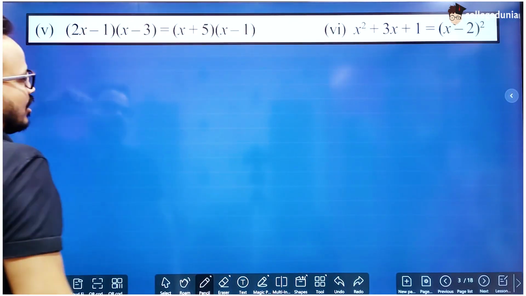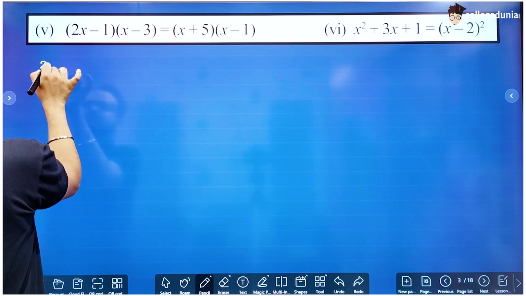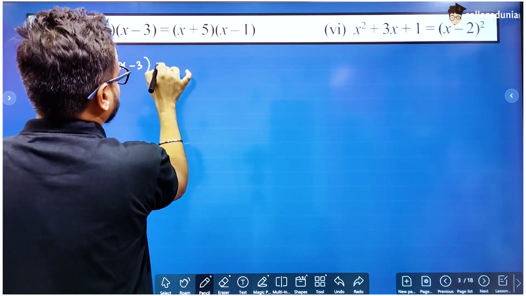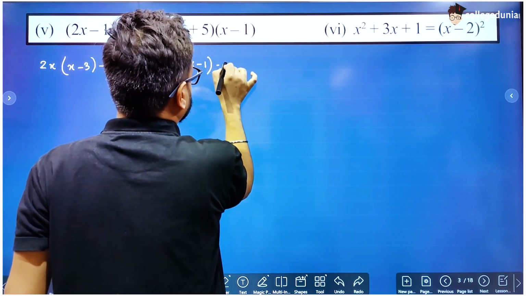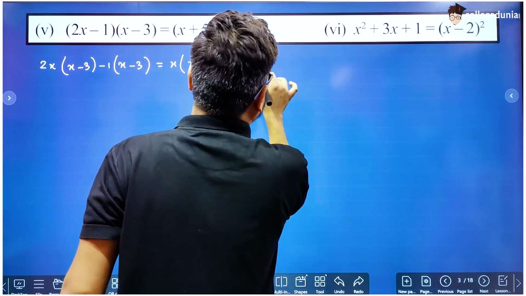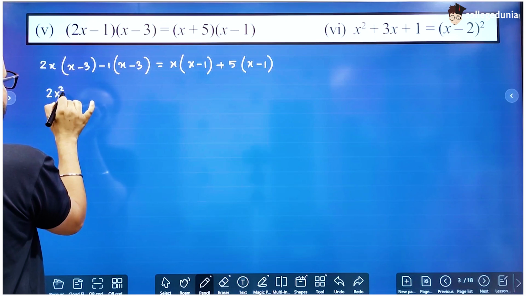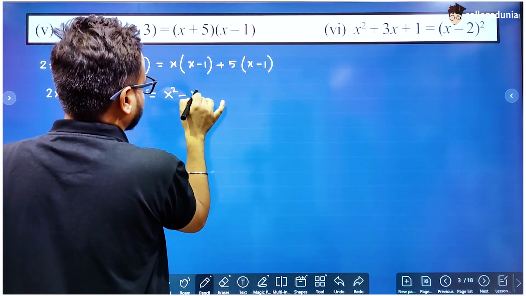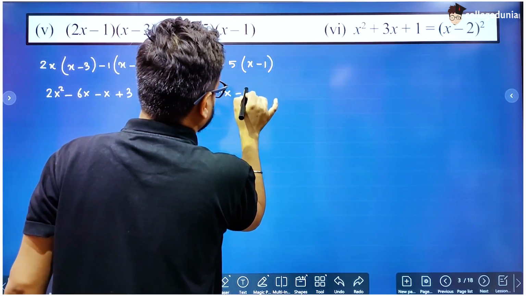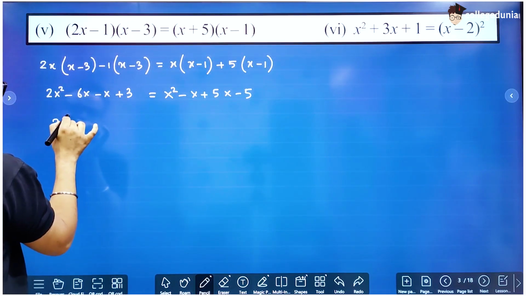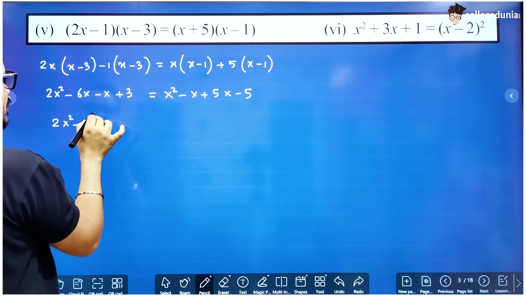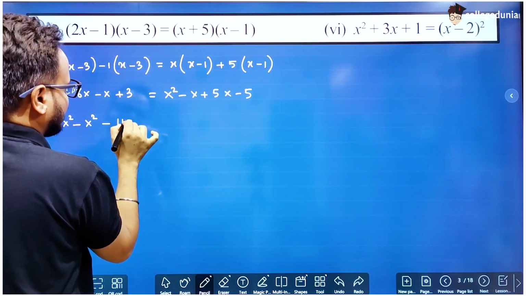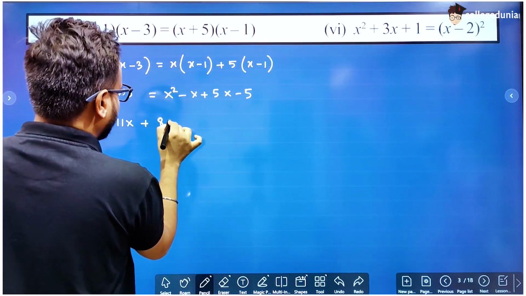Okay, let's solve this one. Minus 7x, then plus 4x, minus 7x minus 4x is minus 11x, and 3 minus 5, that is 8, equal to 0.